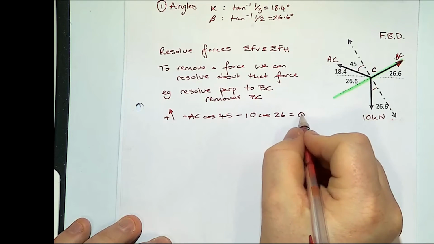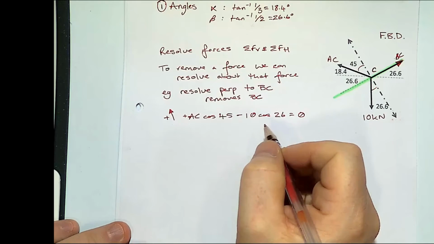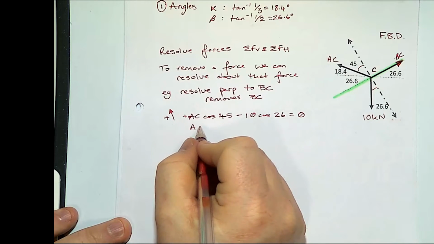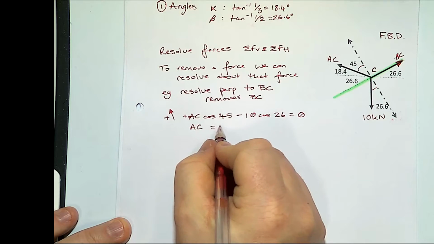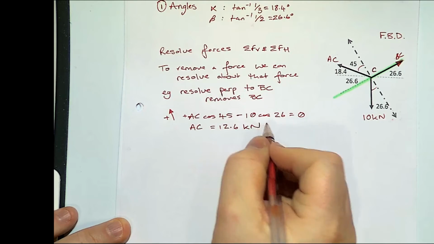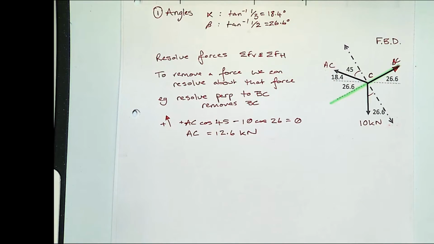And all of that equals 0. AC is 12.6 kilonewtons. So we've resolved perpendicular to BC in order to remove it. So we've got our AC cosine 45, and we've got our 10 force acting that way is cosine 26.6.